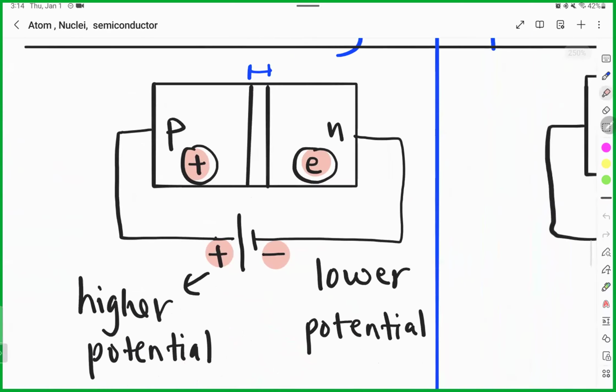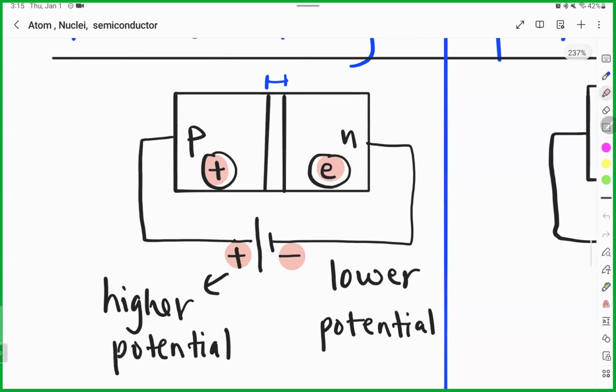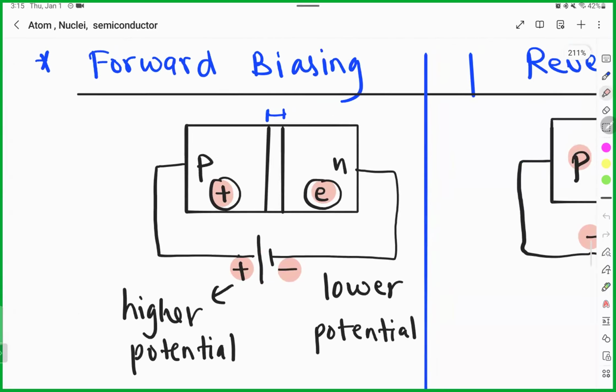Positive terminal on P means higher potential, and negative terminal attached to N means lower potential. This is forward biasing.